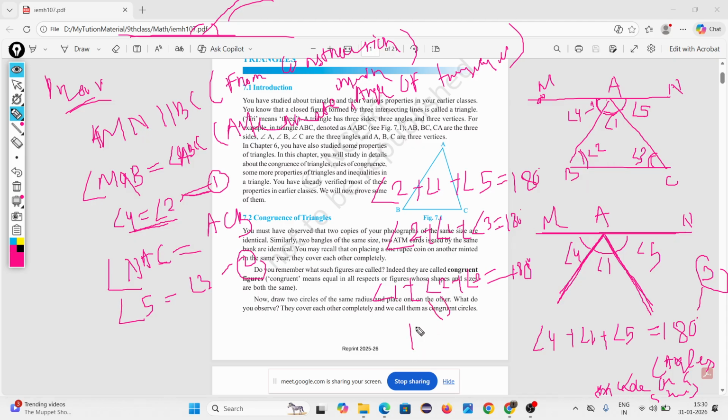Hence proved, the sum of interior angles of a triangle is 180. This is necessary, okay? I know that it is outside of syllabus, but you should understand.